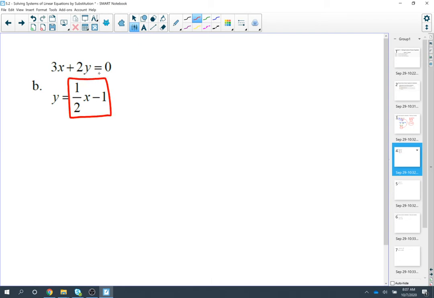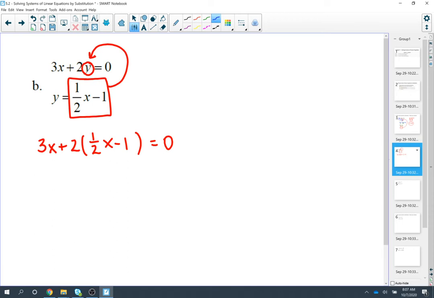So if this is y, then we're going to take it and substitute it in there. So we're going to have 3x plus 2, and then open up a big set of parentheses because this is 2y, where that little circle is. And we're going to substitute in there the 1/2 x minus 1. And then at the end of that, we still have our equals 0.